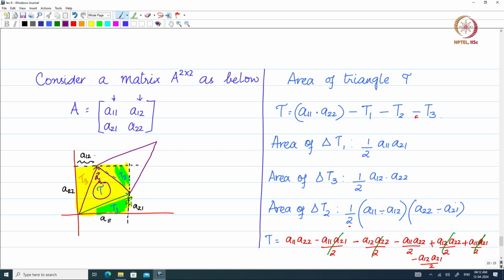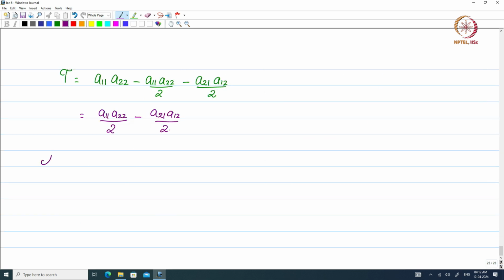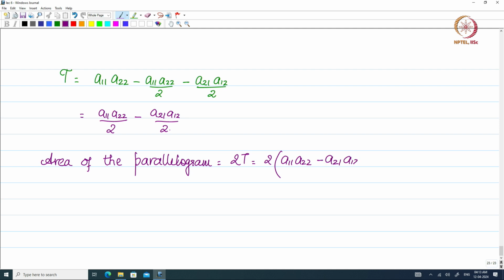So area of the parallelogram is 2 times t, which is nothing but 2 into A11 A22 minus A21 A12 divided by 2, and these two get knocked off.